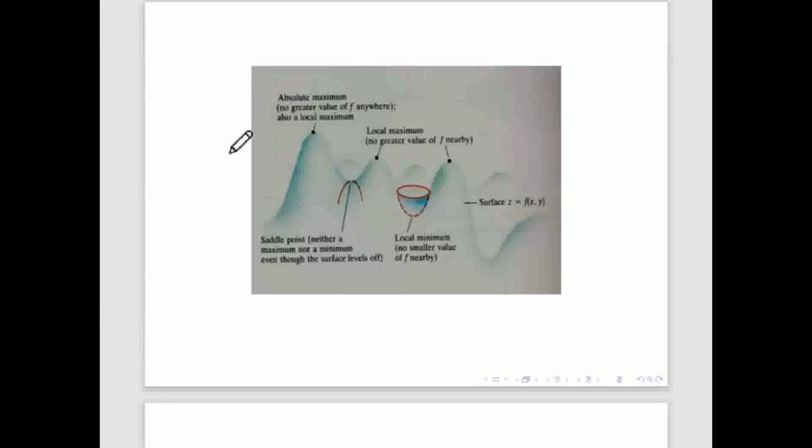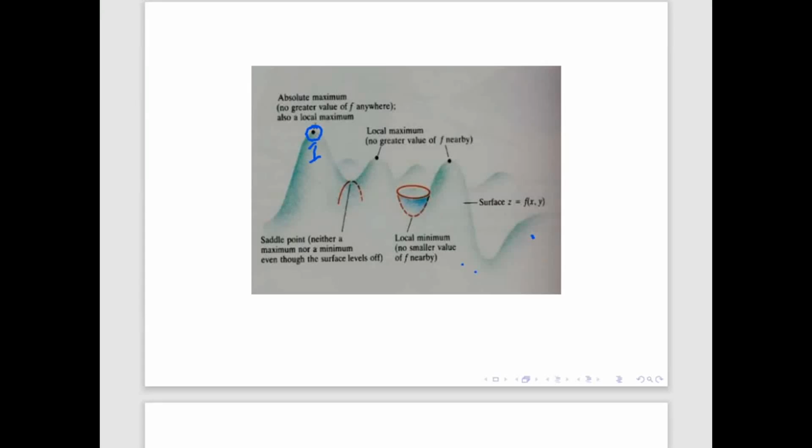So this is the picture. I am marking the points. Point number 1, is it a maximum or a minimum in this picture?